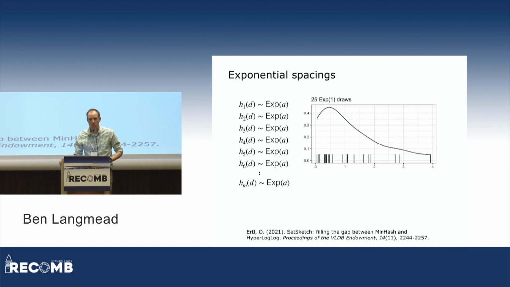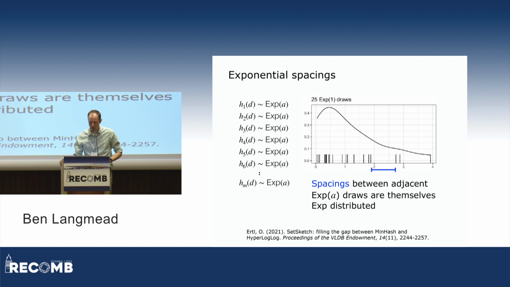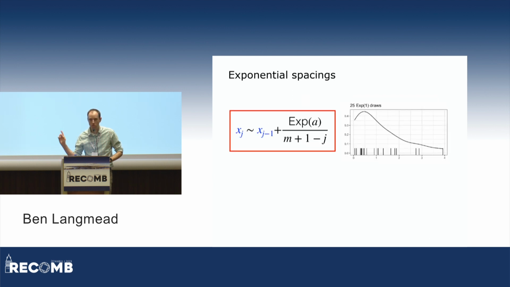If we'd like to generate a collection of exponential draws, let's say m exponential draws, one per register, we're helped by the fact that spacings between exponential draws, so between adjacent exponential draws, if I put them in order, are themselves exponentially distributed. So this actually helps us a little bit because we can write down a recurring formula that says that one draw could be thought of as the previous draw plus a little bit, where the little bit comes from a new draw.